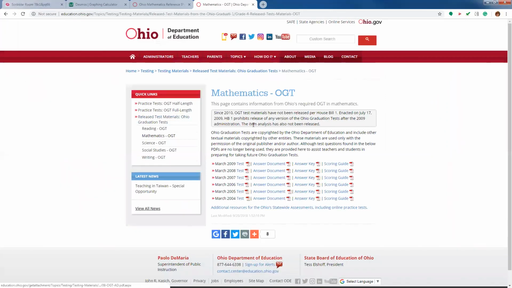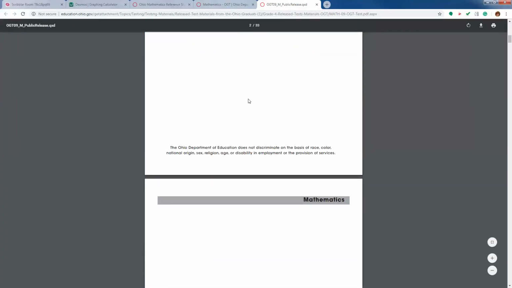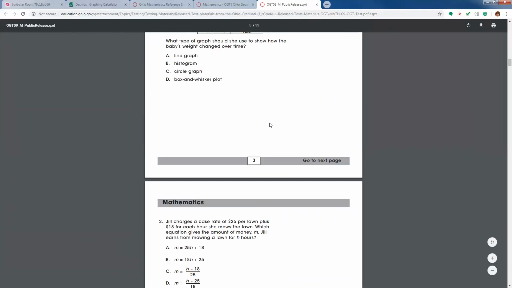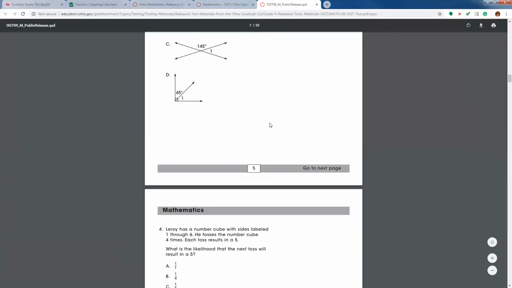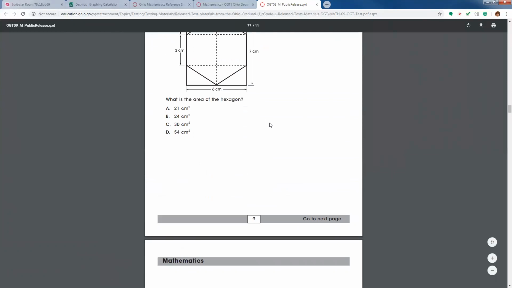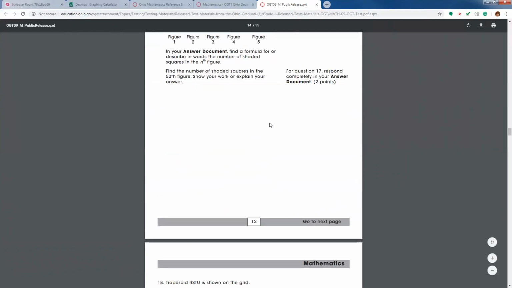If you haven't seen it before, it's a good place to go to get some practice problems. I'm going to just pick a random problem, or if you see one as I'm scrolling through that you think looks interesting.